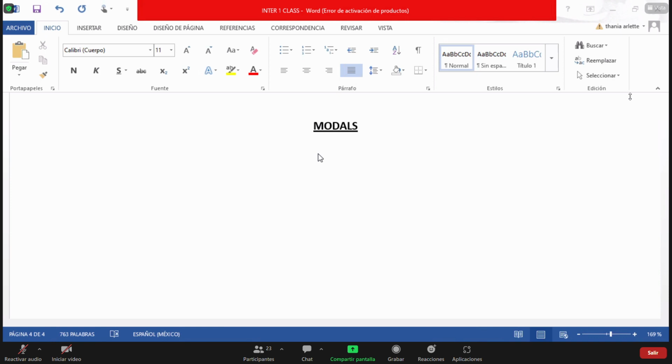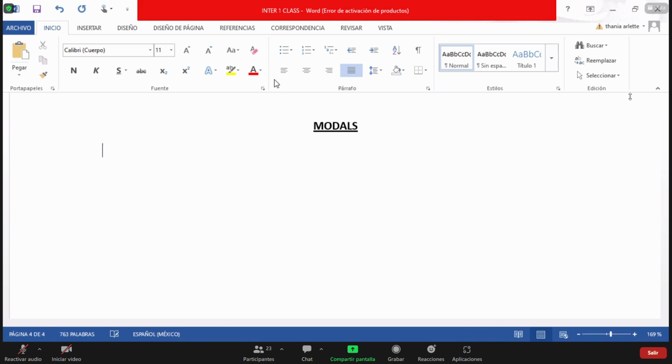Modals are used in affirmative, negative, and interrogative sentences. We are going to check 3 modals expressing suggestions. Yes, we have different modals to express ability, and modals in this case to talk about advice.